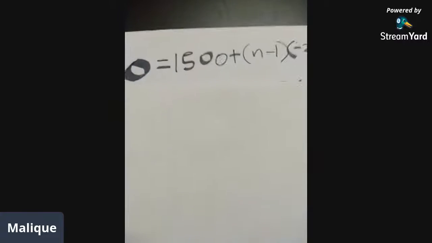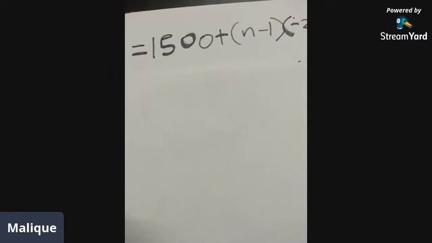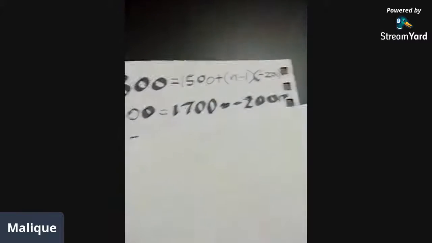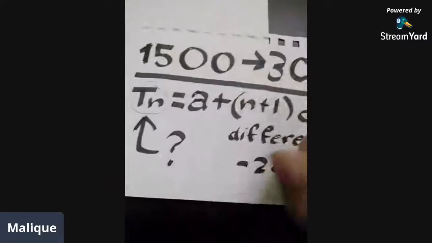The first element is 1,500. We'll just fill in the formula given a couple of seconds ago, and it should look like this.